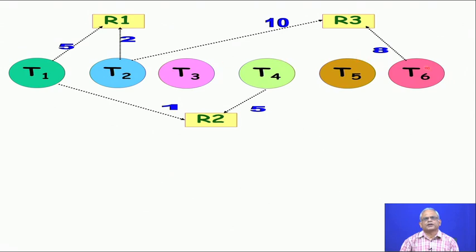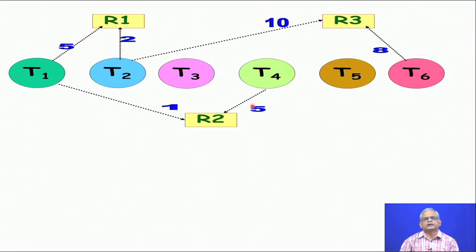Now, let us see on account of resource R2. Let us say T4 is using the resource R2, then the current system ceiling will be set equal to the priority of task T1, and in that situation T2 will not be allowed access to any of the resources that it needs.